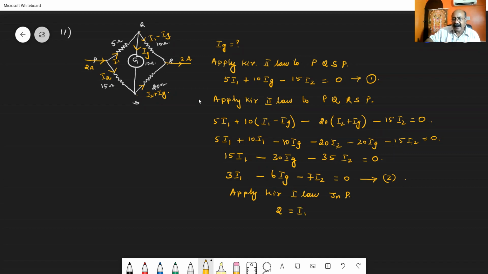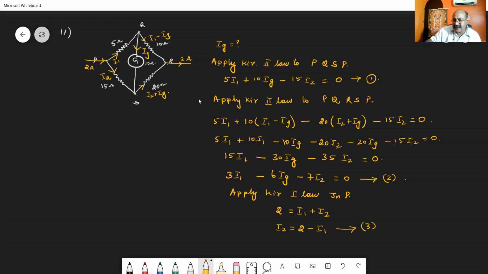Current flowing towards the junction is equal to current flowing away from the junction. So I can write 2 equal to I1 plus I2. Writing I2 in terms of I1, I2 is equal to 2 minus I1. Take this as equation number 3.